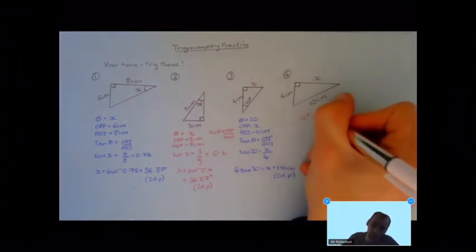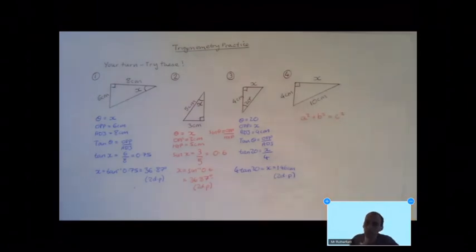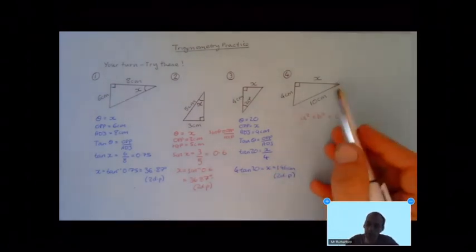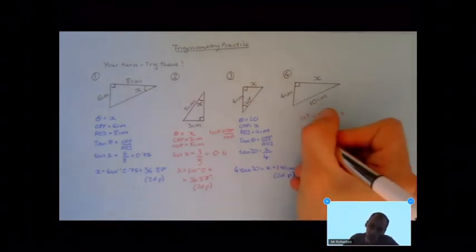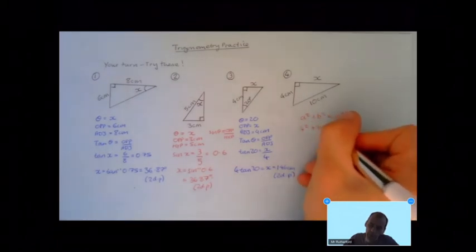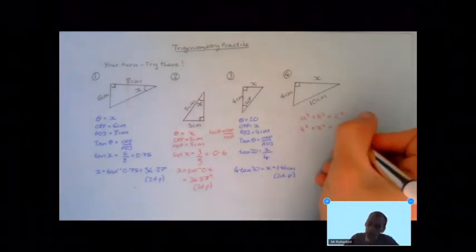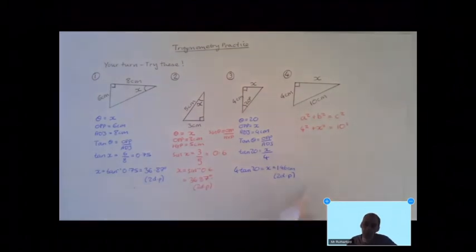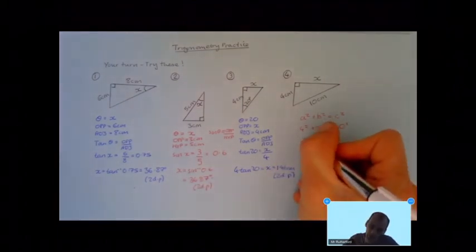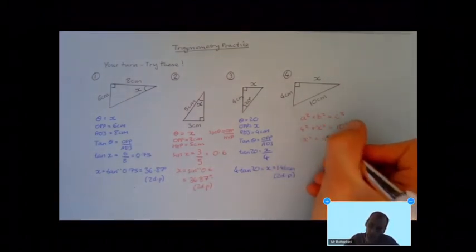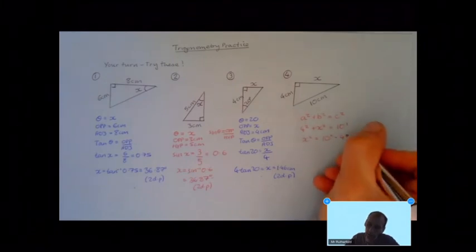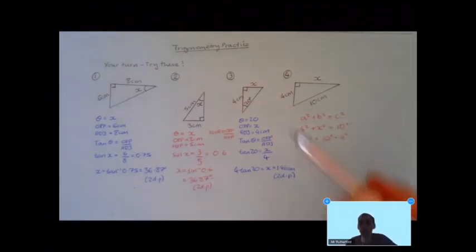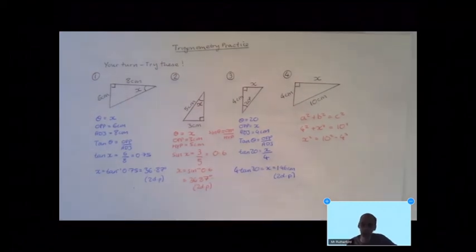So we can use the fact that it's a right angle triangle. So a squared plus b squared equals c squared. Substituting in with c being the hypotenuse. 4 squared plus x squared is equal to 10 squared. We want x to be on its own, so we can do x squared equals 10 squared, take away 4 squared. So we've got to be careful again because we're finding one of the shorter two sides.